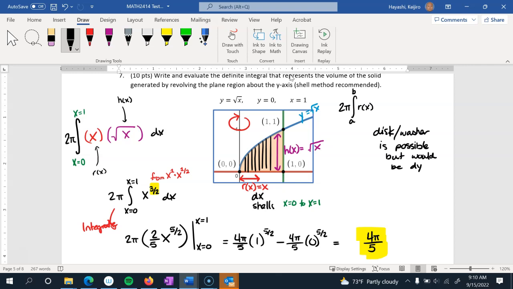And in that case, it would simply be a number minus x or y, depending on what your variable is, minus the value of that axis, times the height of the shells, which is just whatever the top curve of each slice is, minus, if there is one, what curve defines the bottom of the slices.